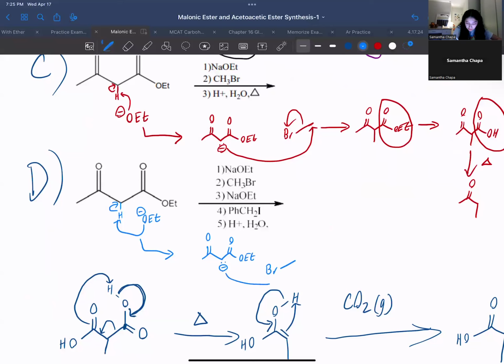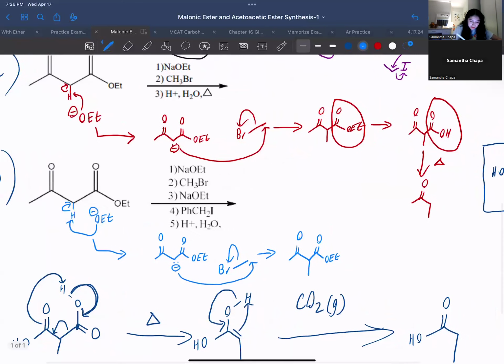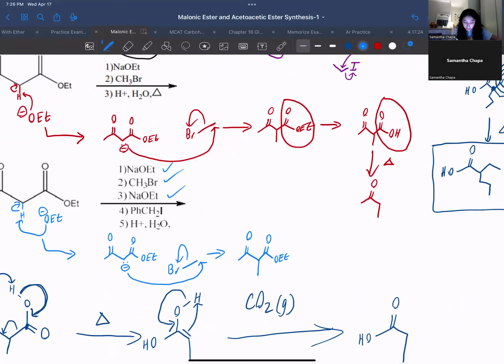Nucleophile attacks electrophile and leaving group leaves, adding a total of 1 carbon to my alpha carbon. So we're done with these. And then I'm asking you to deprotonate one more time. And again, we still have that our most acidic proton is in between those 2 carbonyls. So deprotonate that one right there.